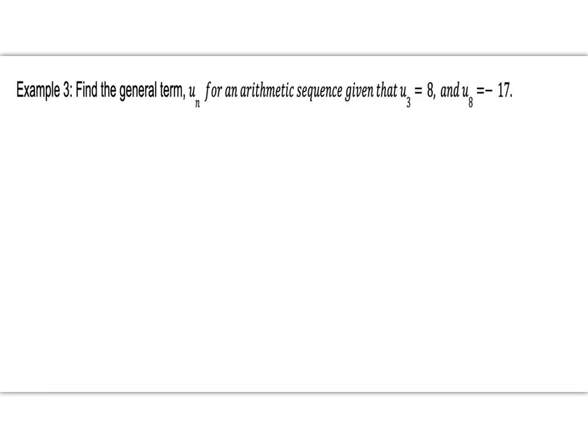Final example is the trickiest. So we have 2 terms. We have U3 and we have U8. And we want to find the formula for the general term. We want to find Un. We don't have a whole lot here to go on.